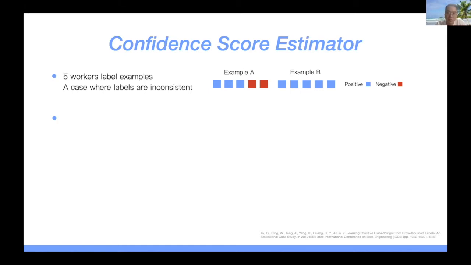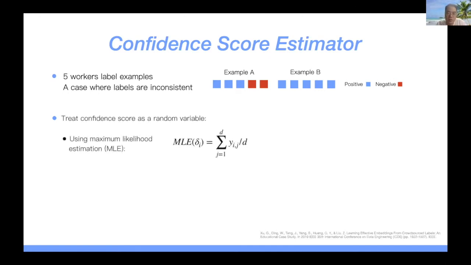Based on this intuition, we want to give each data a confidence score and treat this confidence score as a random variable. One way to do this is to use maximum likelihood estimation.